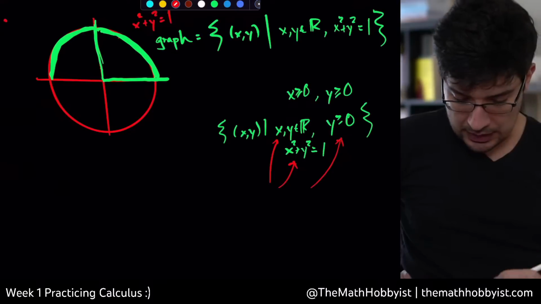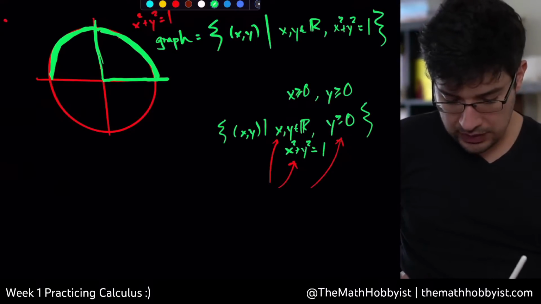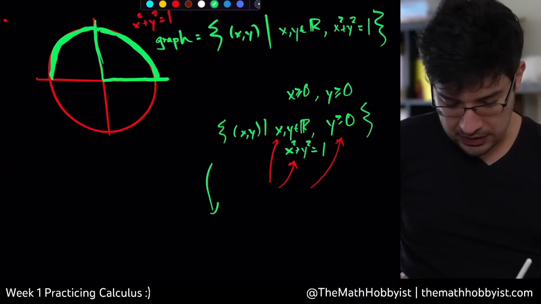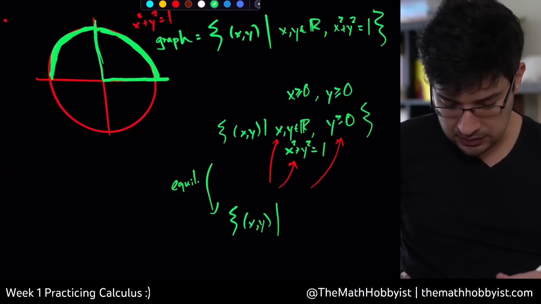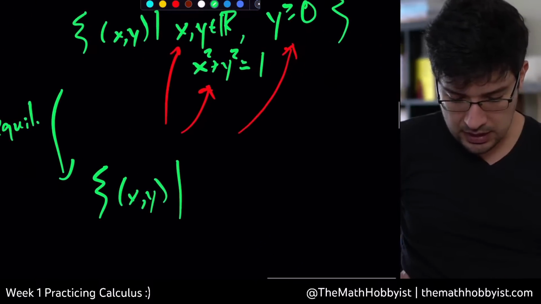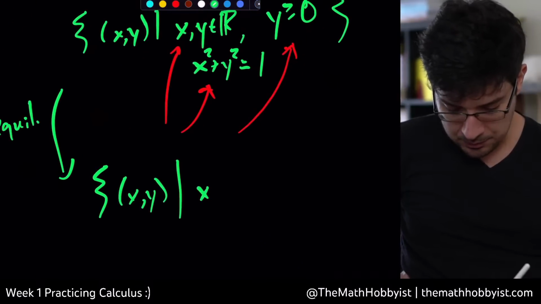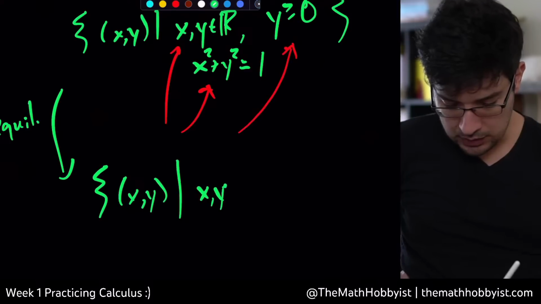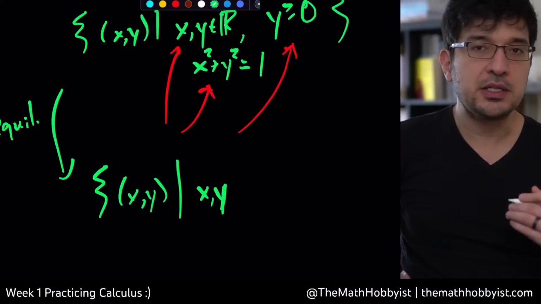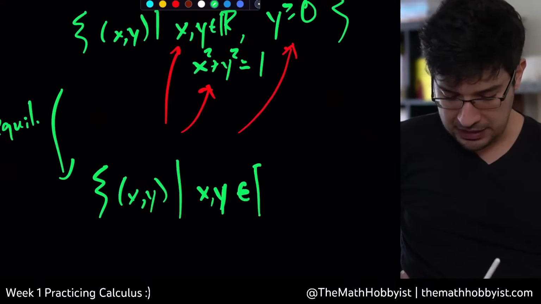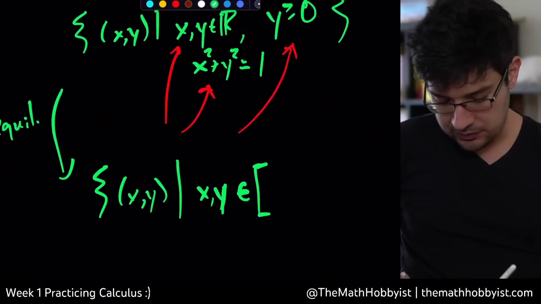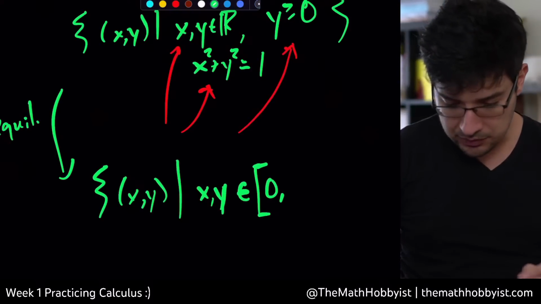This is still correct. This is still equivalent to restricting this set a little bit further. It doesn't change anything because we know that the only x and y that could solve that equation for a circle don't have to be of all of the real numbers.